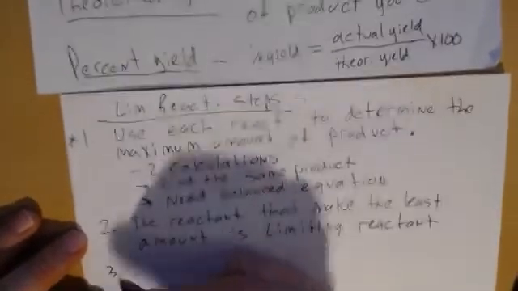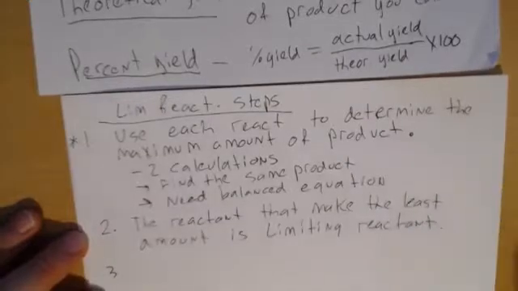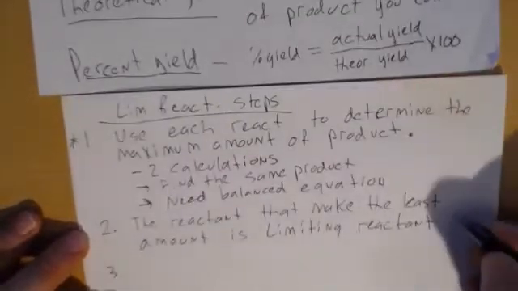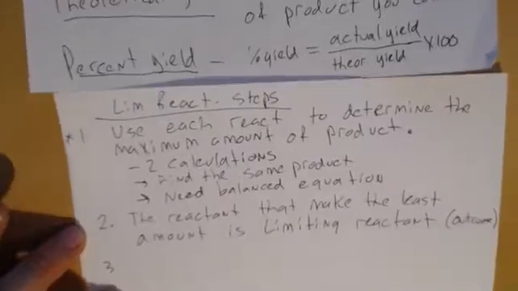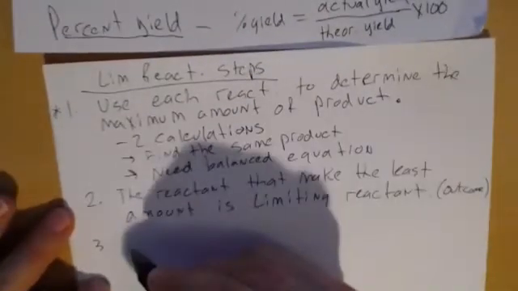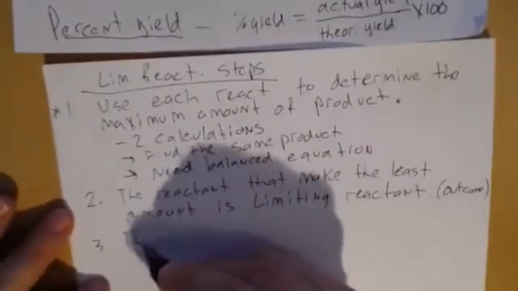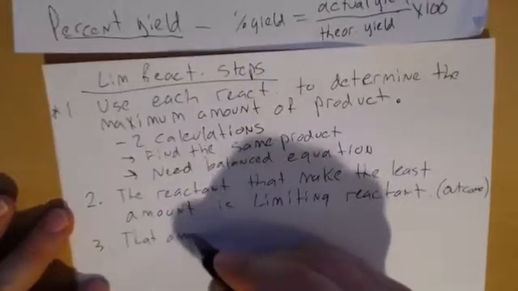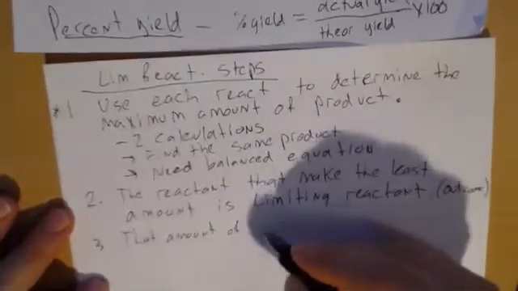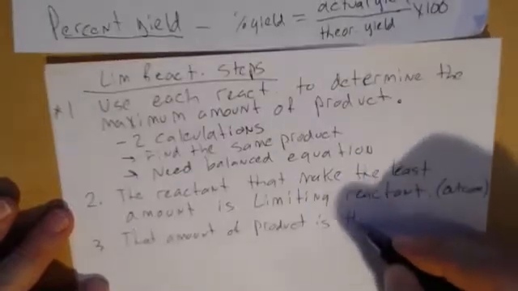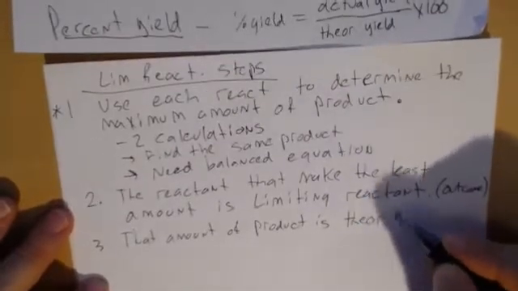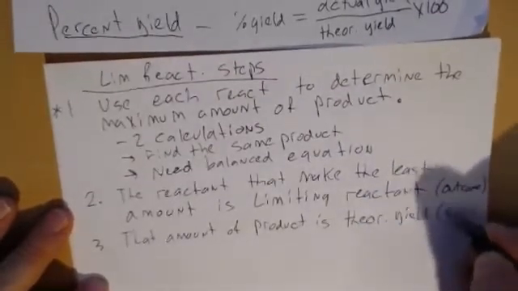And another outcome, this is just an outcome of step 1 or an analysis. Also, that amount of product is the theoretical yield. It's also an outcome.